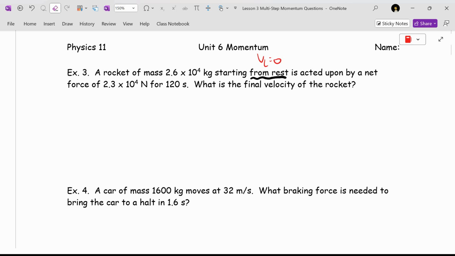Example 3 is not asking me to find a change in momentum. Your hint is read the last sentence of the question and you'll figure it out. I almost said to Marcus, it's not rocket science, but it is rocket science this time. So I can't use it. What is it? VF. Okay. Don't write this down. But you could go VF equals question mark. You could say VI equals 0.